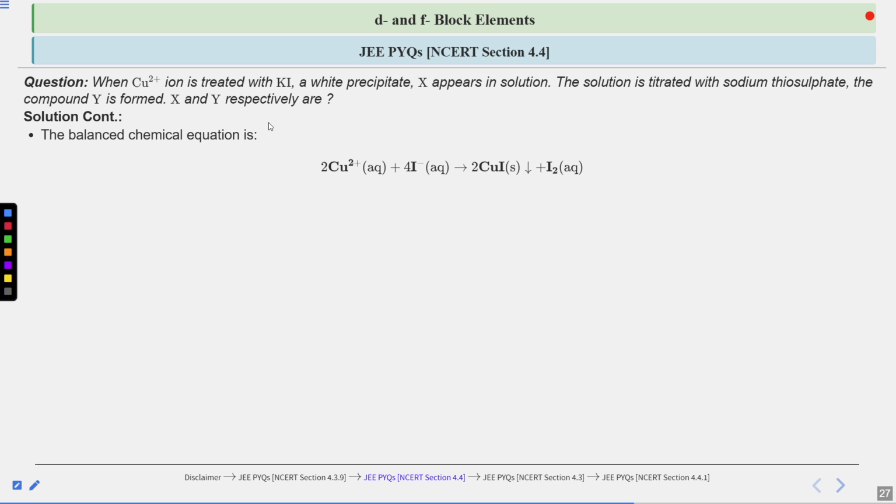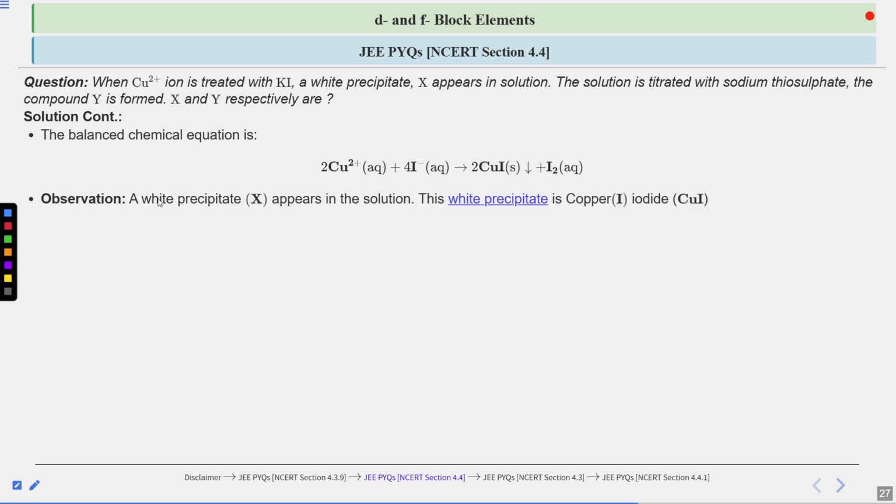The balanced chemical equation, if you want to write it out, is 2 copper 2 plus and 4 iodide ions giving us 2 CuI. So the copper 2 plus ion oxidizes the iodide ion to iodine molecules, and reduces itself from +2 to +1, forming the copper iodide molecule as a white color precipitate.